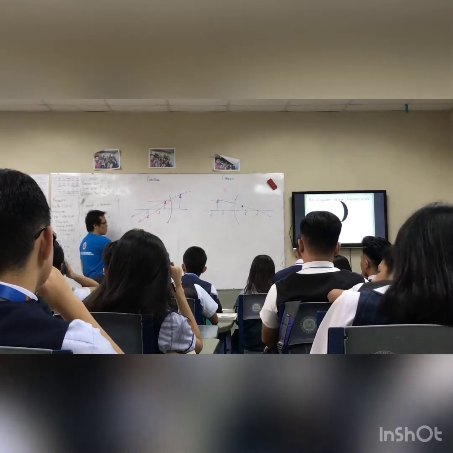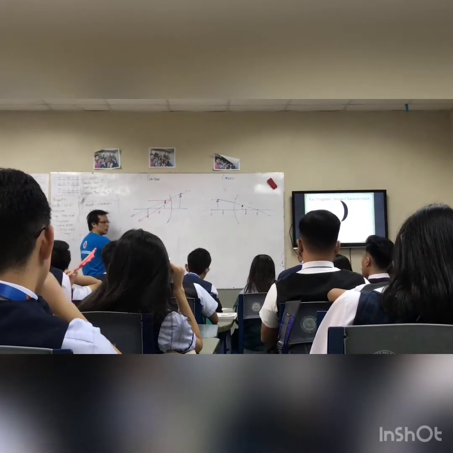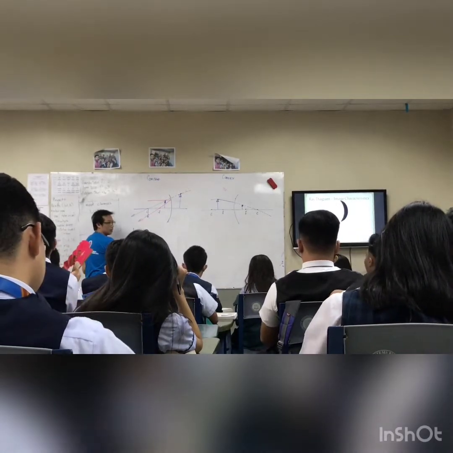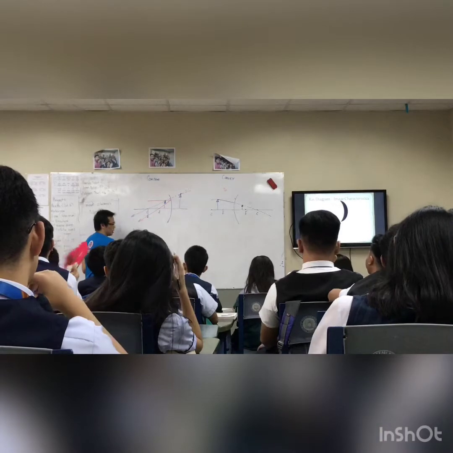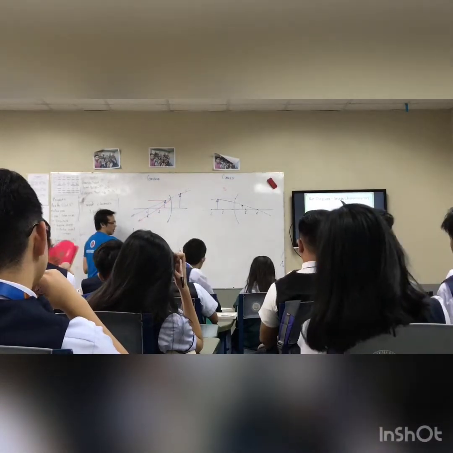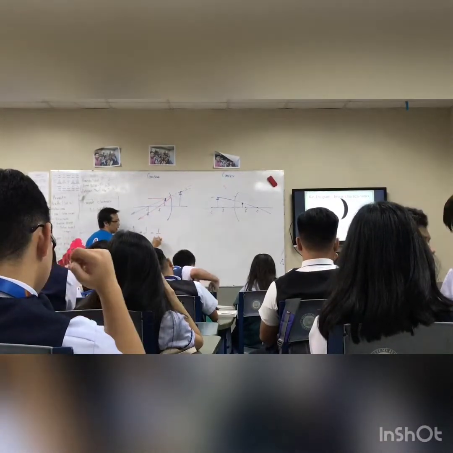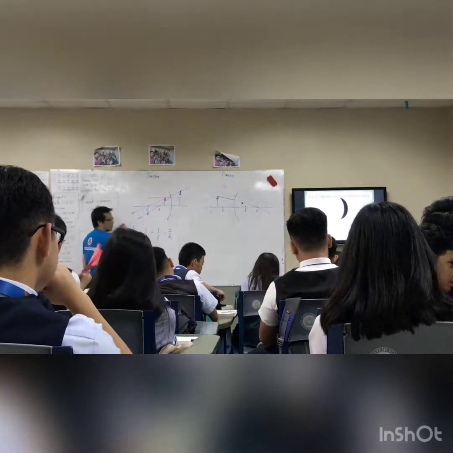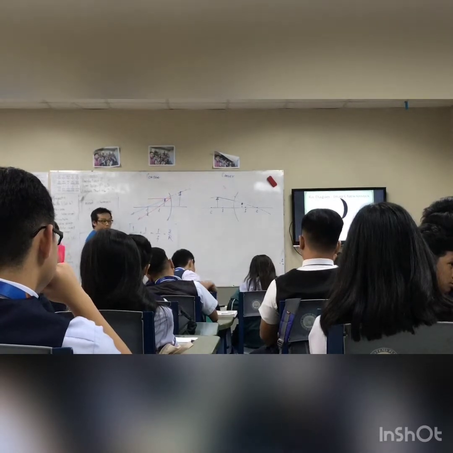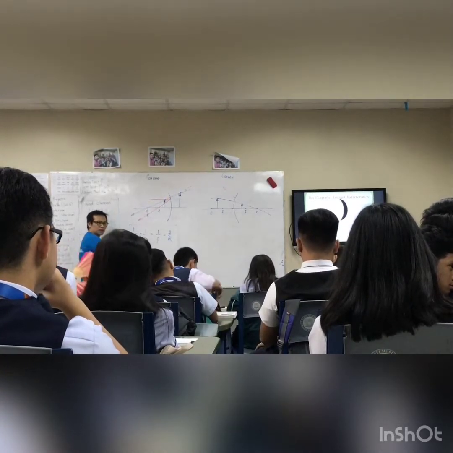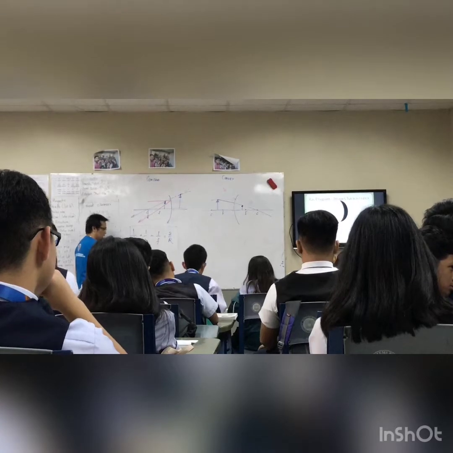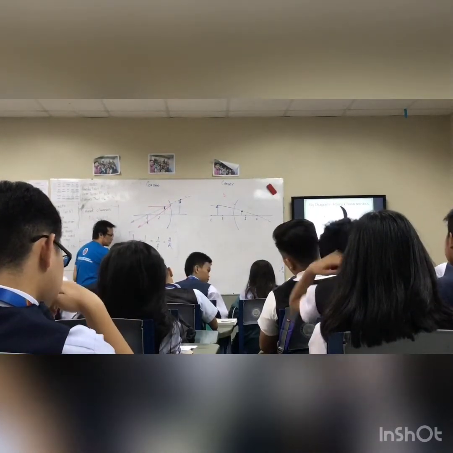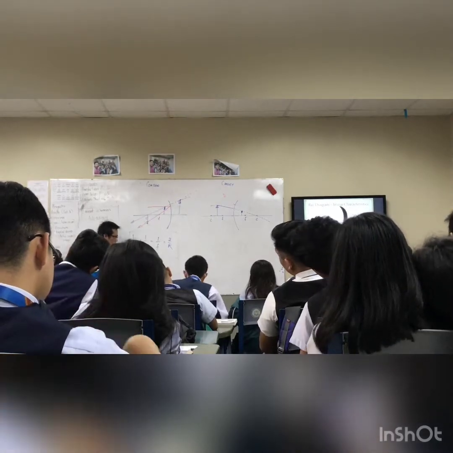The equation 1 over DO plus 1 over DI equals 2 over R. This is the mirror equation. And the magnification M equals negative DI over DO.